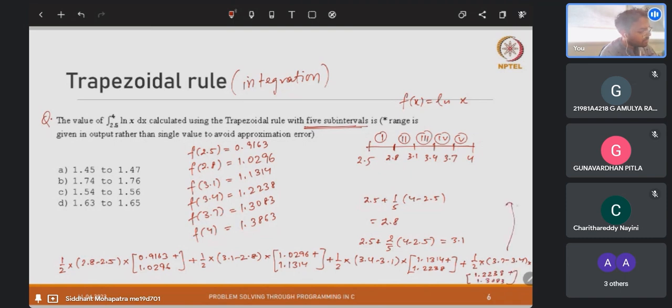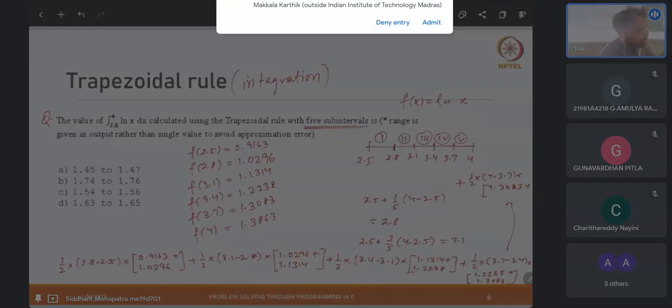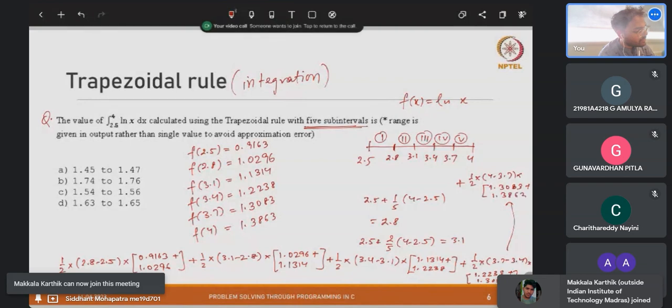Then the final one would be plus half into 4 minus 3.7, and the sum would be the values at 3.7 and 4, which is 1.3083 and 1.3863.